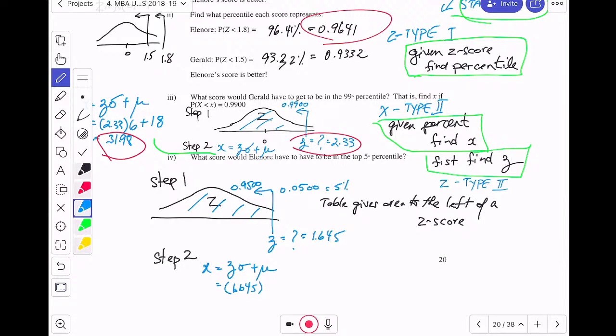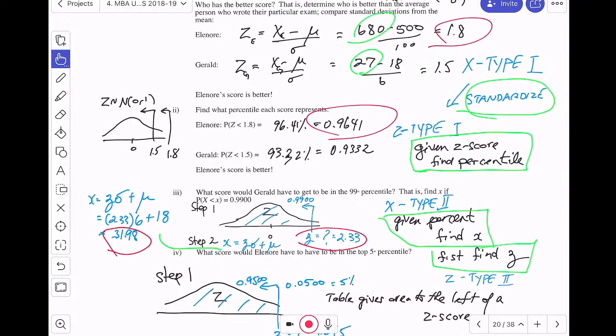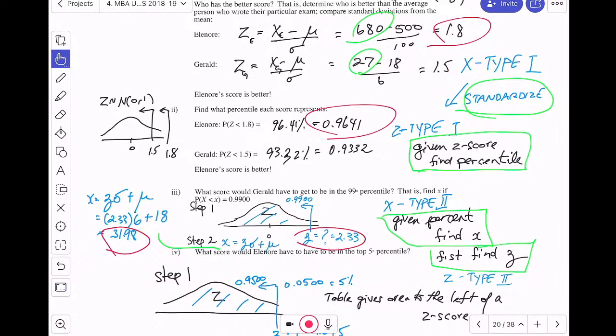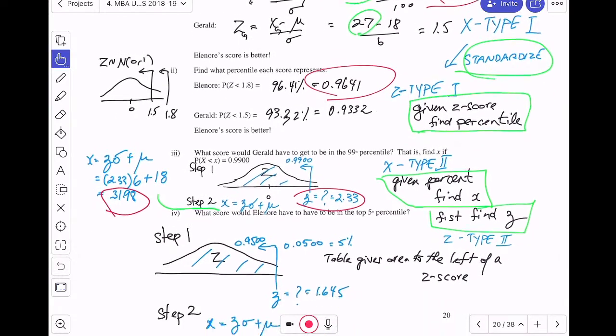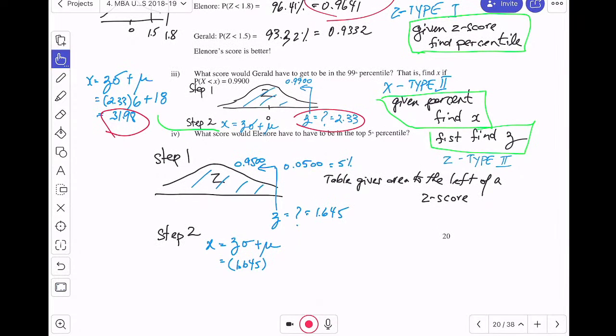If we remember on top, it was 500 for the mean and 100 for the standard deviation. So this is times 100 plus 500.